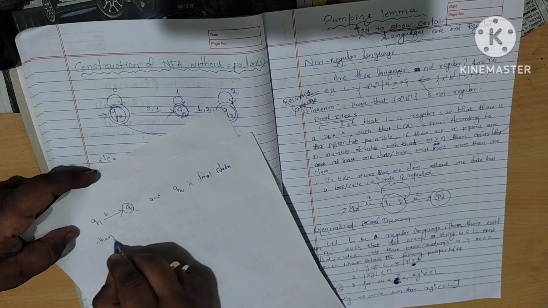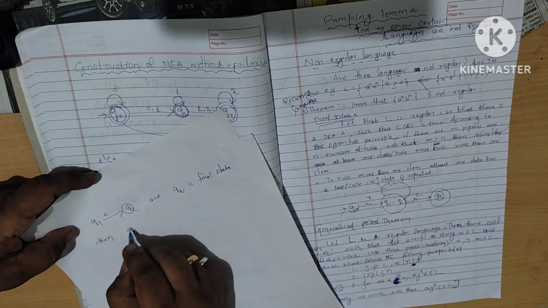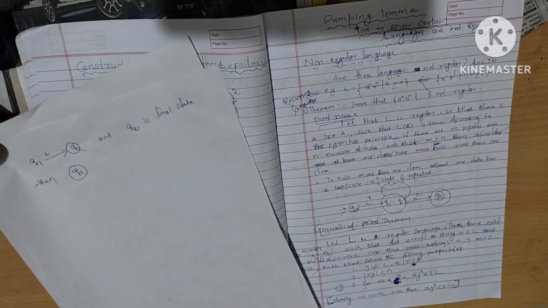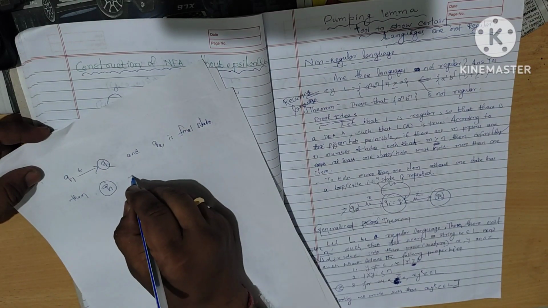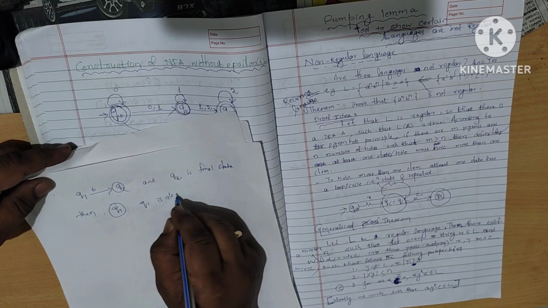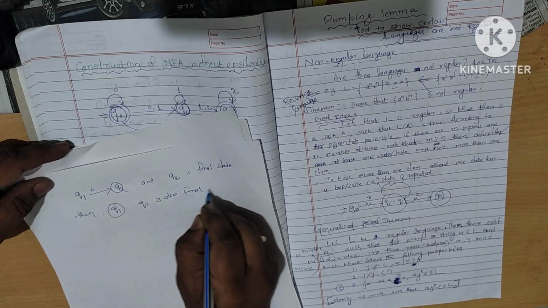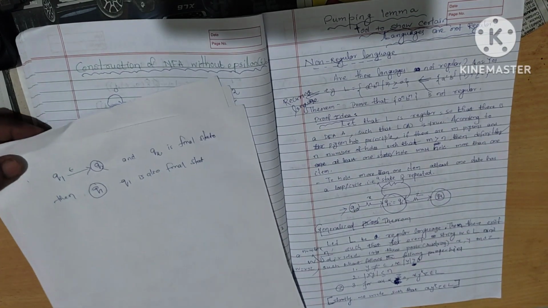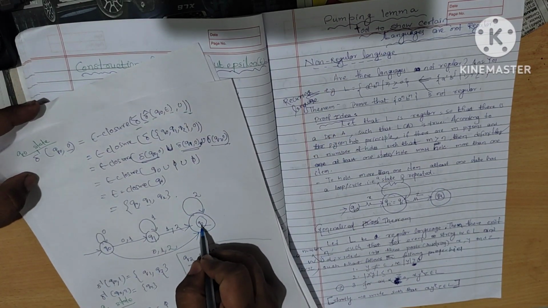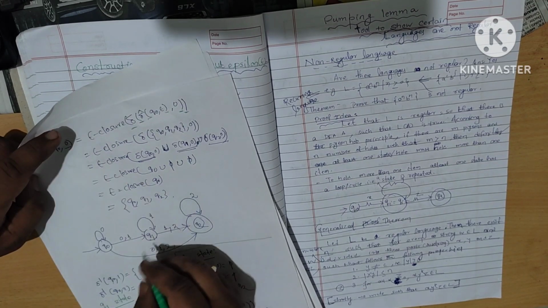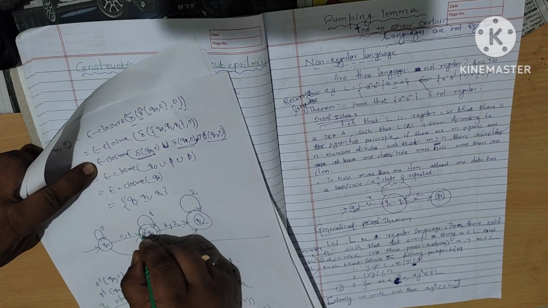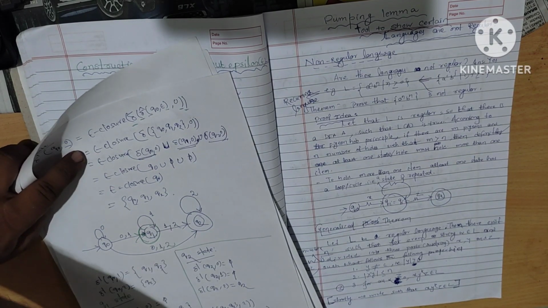Then q1 is also a final state. So what I have to do here in this figure: q1 is also a final state. Where we are drawing the figure here, now q2 is the final state, and hence we make q1 also a final state.